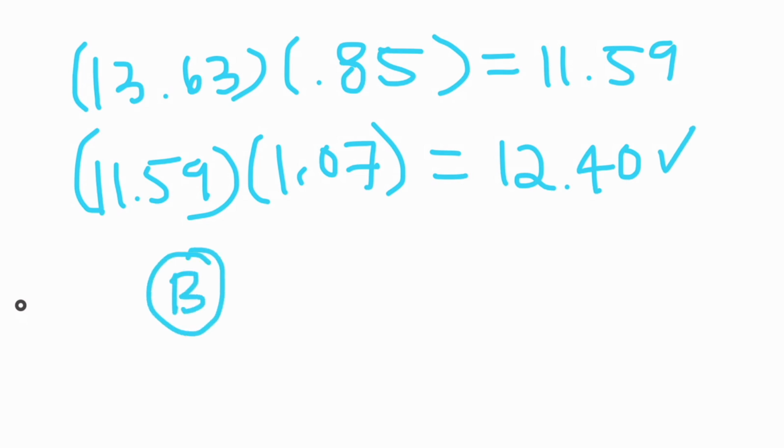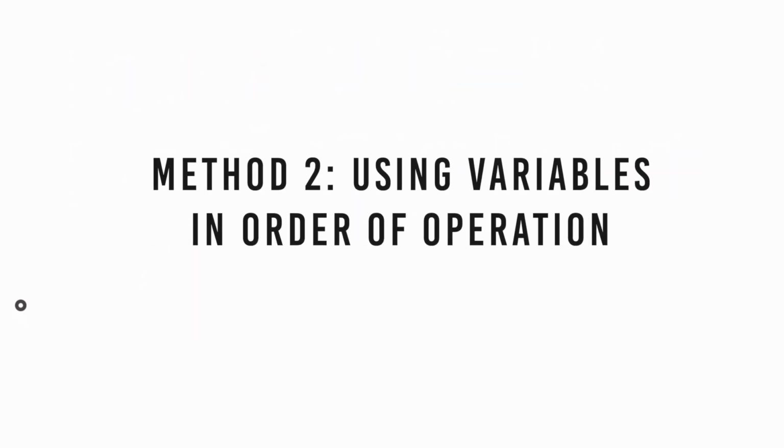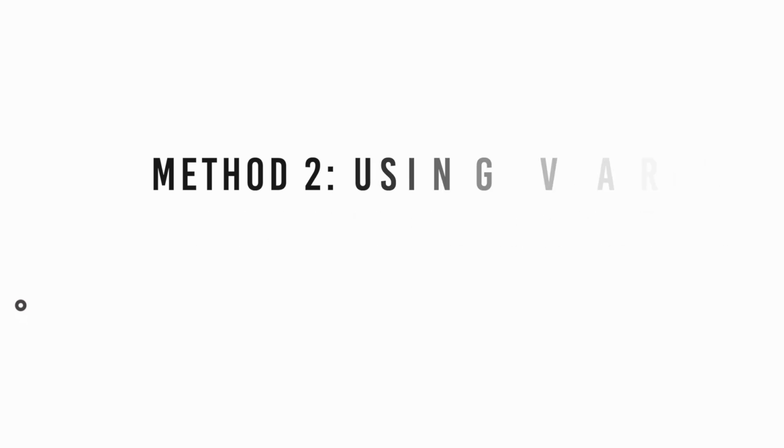This is the quickest way to do the calculations, but I also want to talk about it in a more mathematical form. There's a couple ways to do this with variables. Let's go in the order of operation. So say that the original amount was X and you had to multiply it by 85% for the discount. So 0.85 times X is just going to equal the sales price.